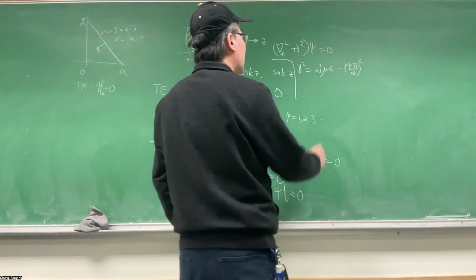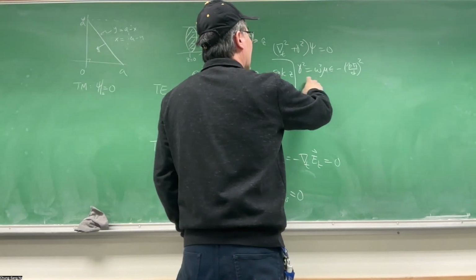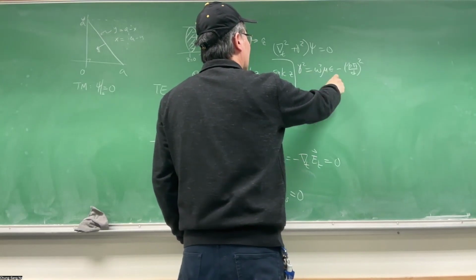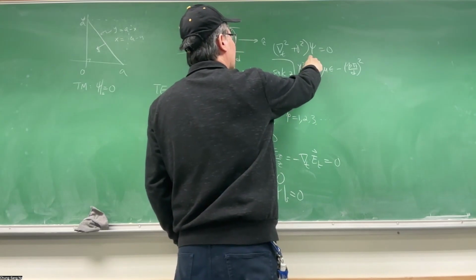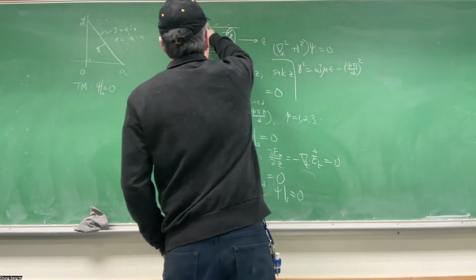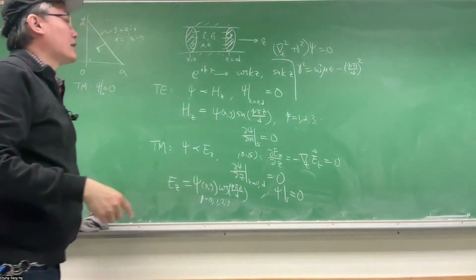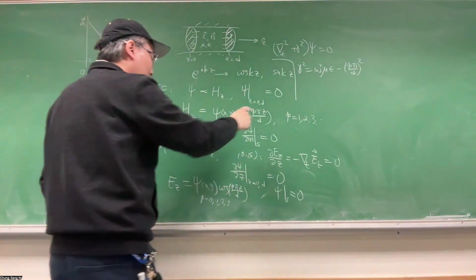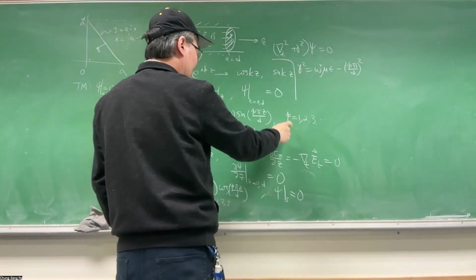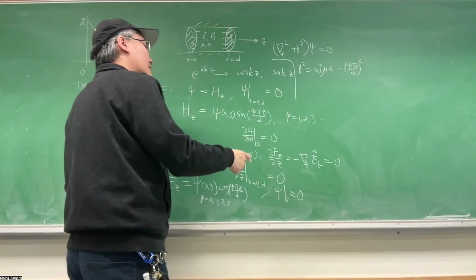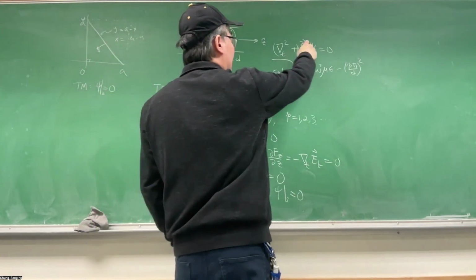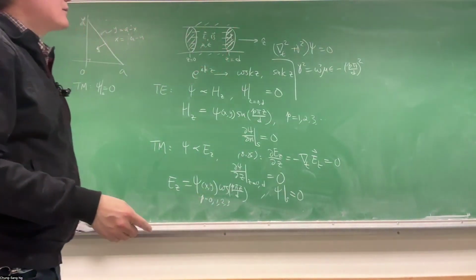Okay, and now this is gamma, but when we solve this wave equation over the cross-section area subject to these boundary conditions for the TE and TM modes, the usual case is that the gamma squared are discrete eigenvalues.